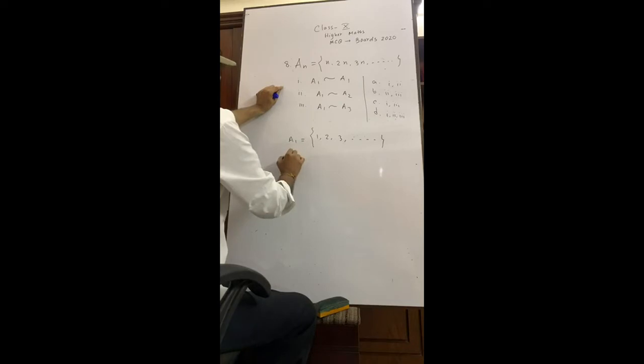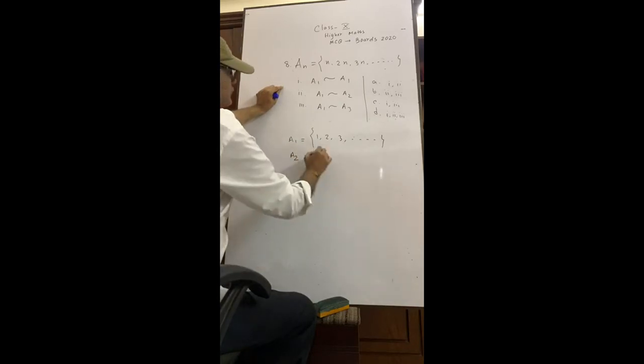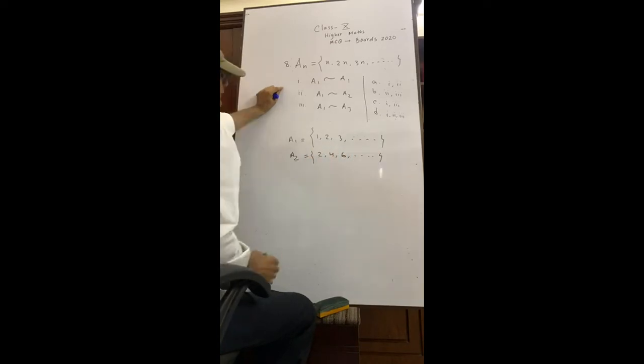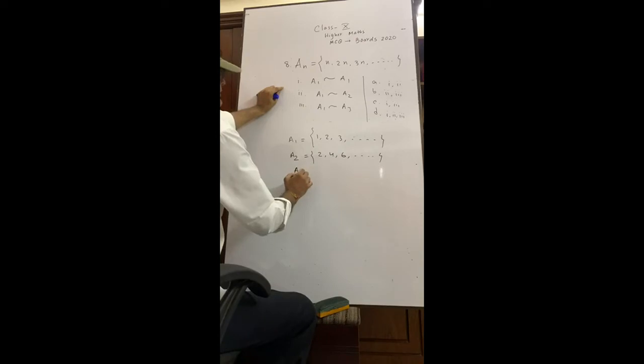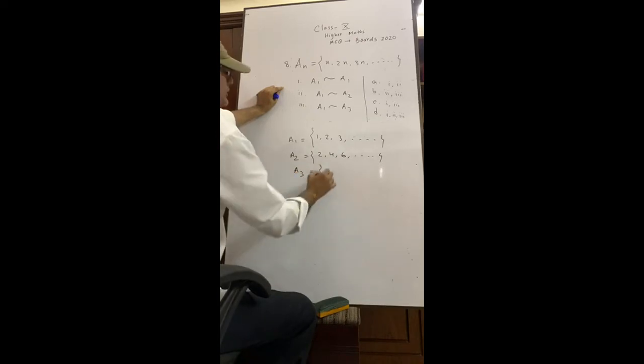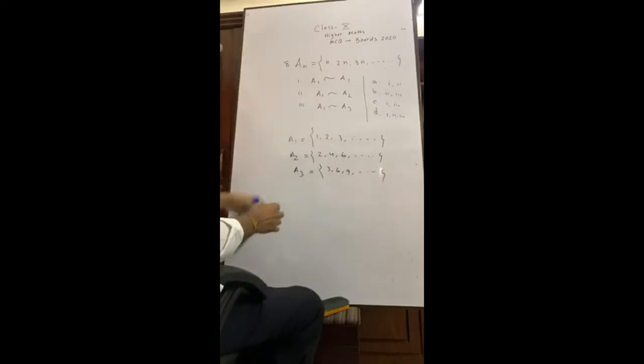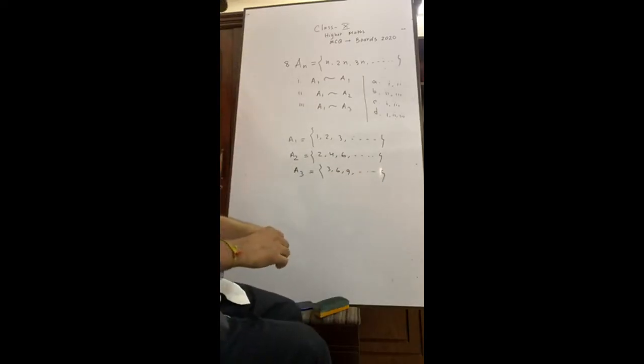What is A2? A2 means 2, 4, 6. What is A3? A3 means 3, 6, 9. You see, all of them are in one-to-one correspondence.